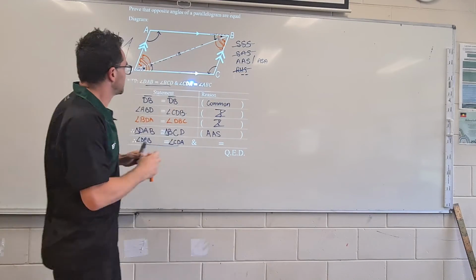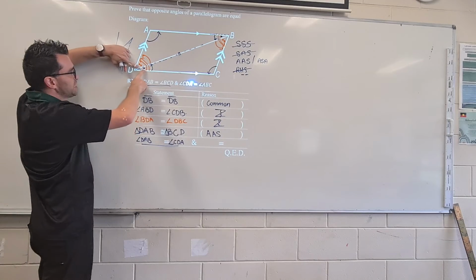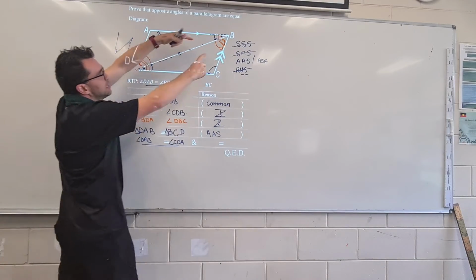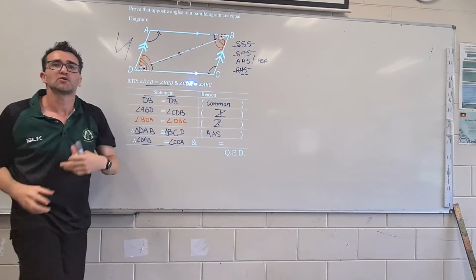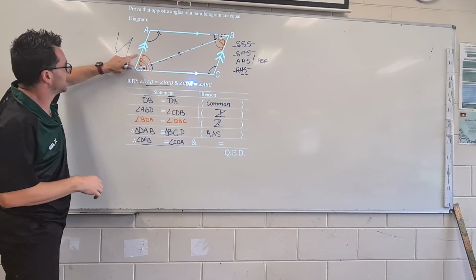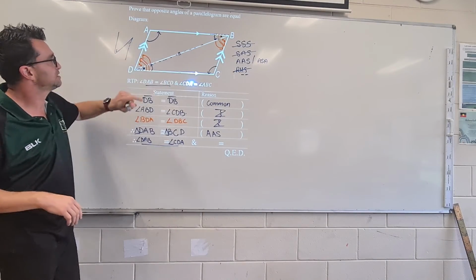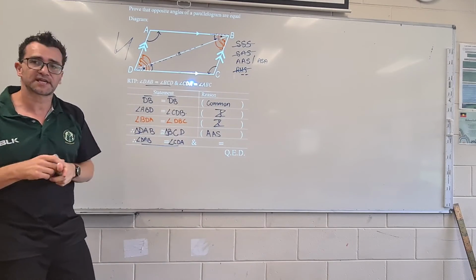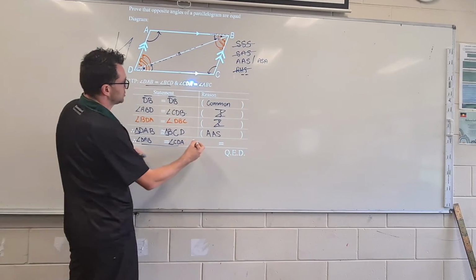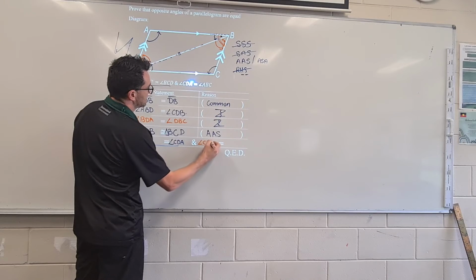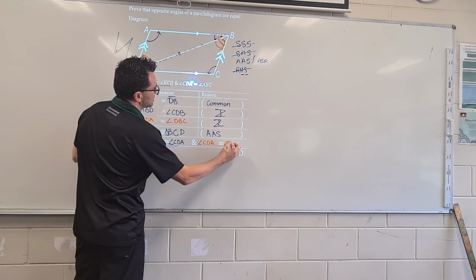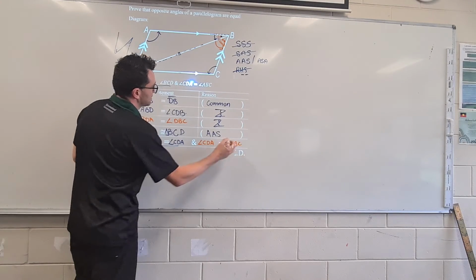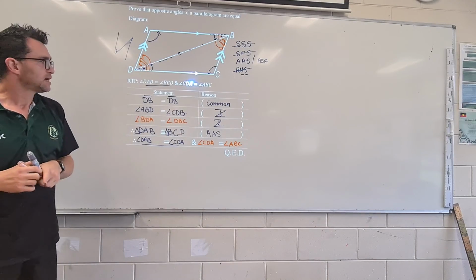Now, because our triangle has here, we've labelled without dots, we've got 1 dot and 2 dot, and 1 dot and 2 dot. We know that this entire angle, so CDA and angle ABC are the same because they're constructed by the same two angles together. So we know that angle CDA is equal to angle ABC. And we're done.